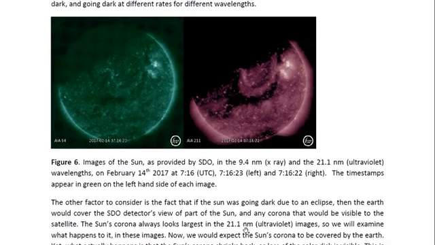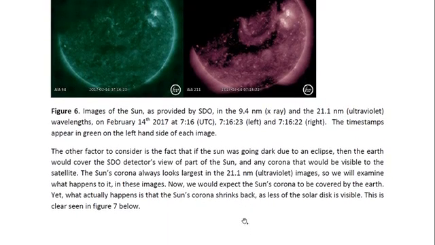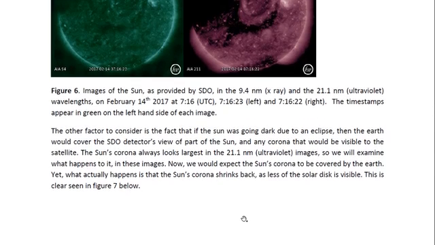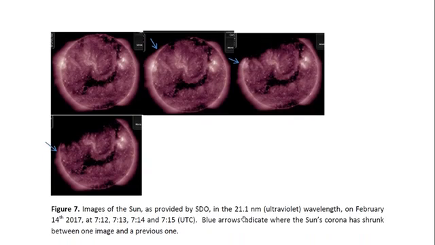So that's one of the clear reasons why it cannot be a solar eclipse. The sun is not being eclipsed by the Earth as far as the SDO satellite is concerned. That's not possible. But another irrefutable, and this is absolutely irrefutable reason, is what happens to the corona.